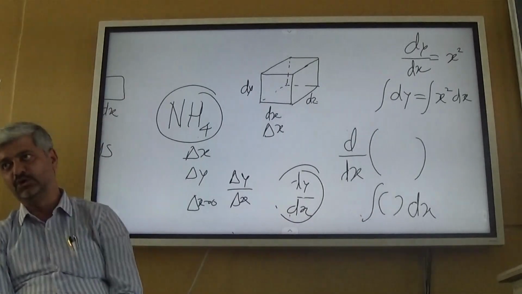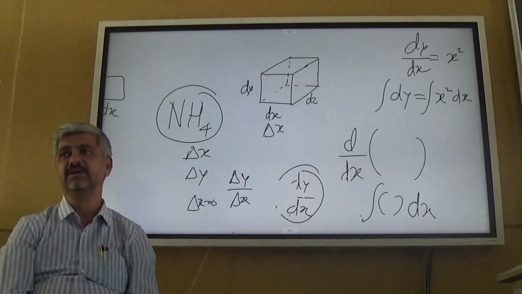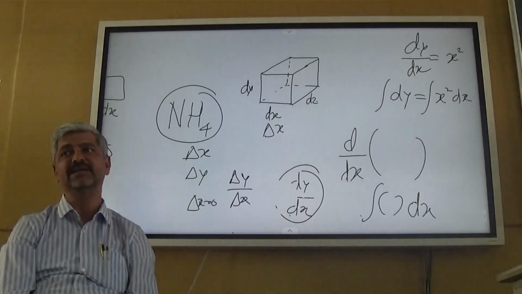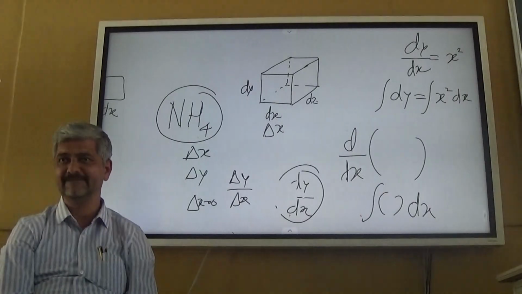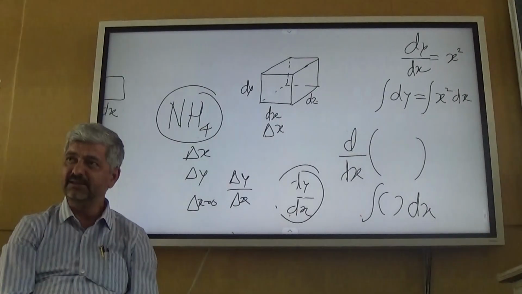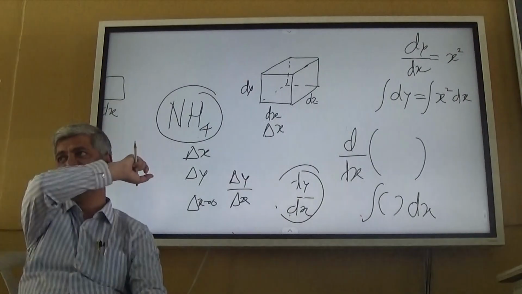So if it's a big cube, then volume charge density inside the big cube will be q by v. Right? Agreed? Listen, look at the whiteboard.